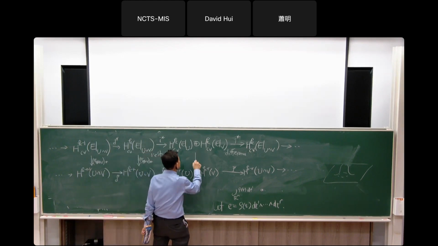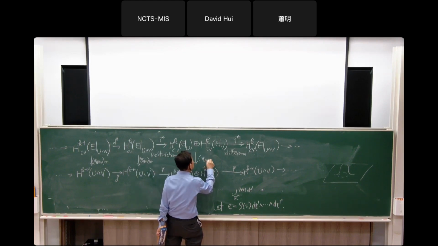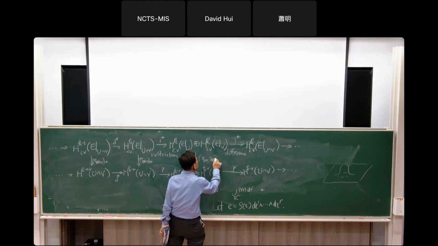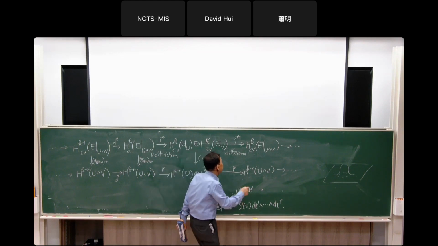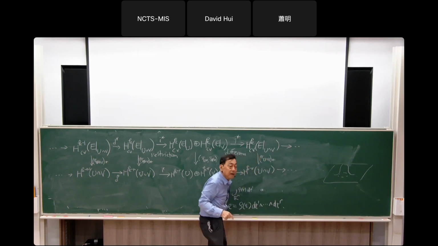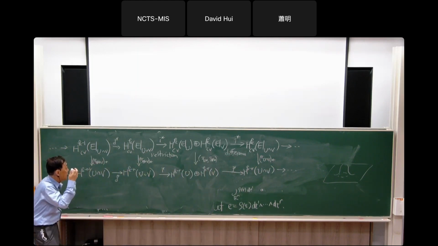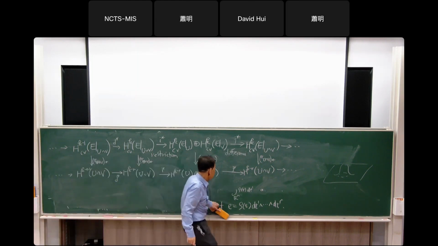And this is integration along the fiber over U and over V. And this is integration along the fiber over the intersection. So you have integration along the fiber from the top sequence to the bottom sequence.